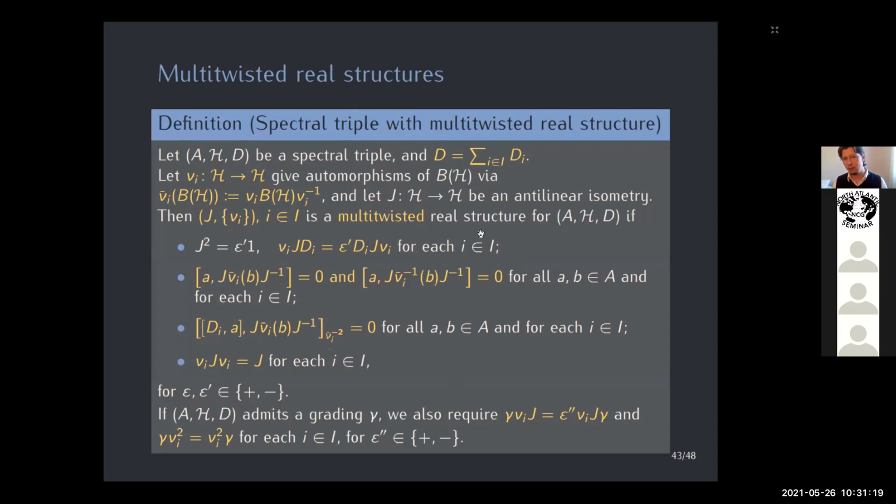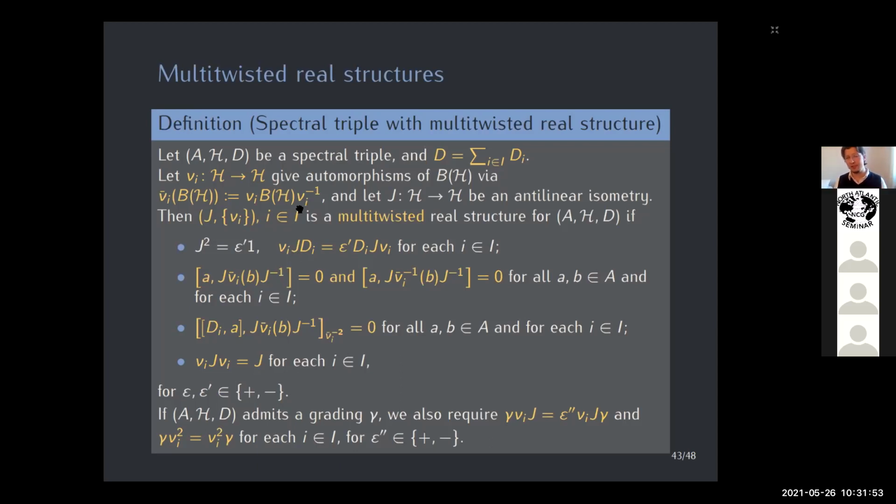So as before, more or less what we're doing is taking all of the relationships we had before and just doing them by parts. So now we have I-many commutation relations for the I parts of D and the I multi-twists. We have I-many regularity conditions if we want them. But now things get a little bit hairy because actually in the cases coming from examples which are most interesting, having a twist which is an automorphism of the algebra is a little bit too restrictive.